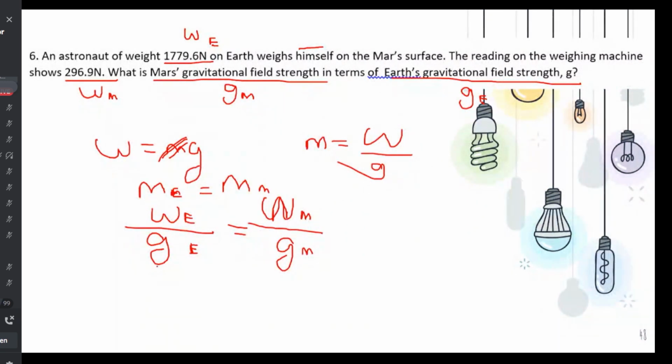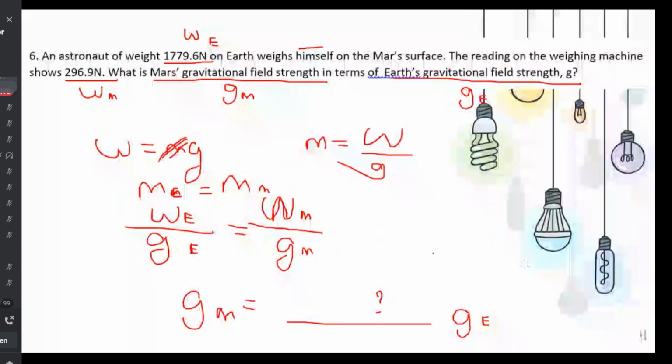So if you guys try, what's the answer in terms of g_E? I want g_M equals how many g_E? Anyone wants to try?